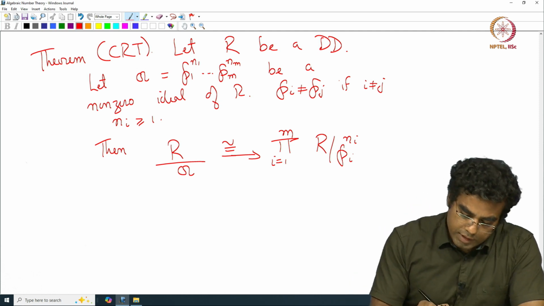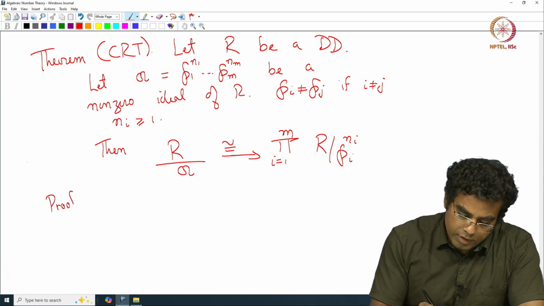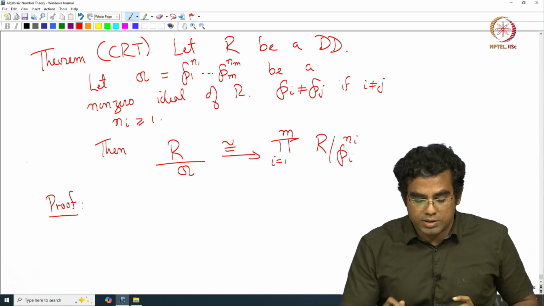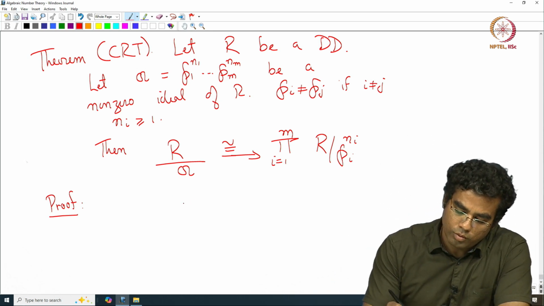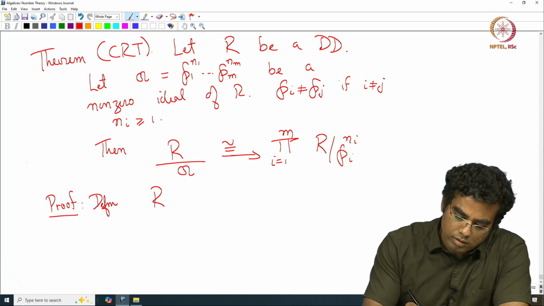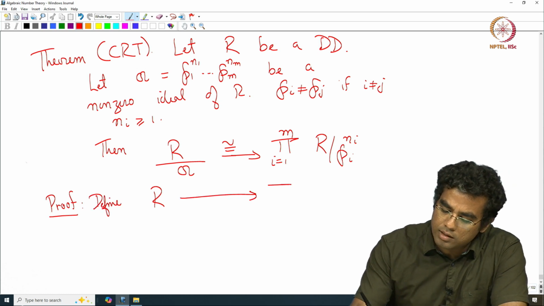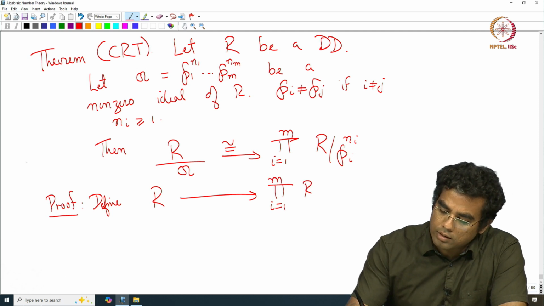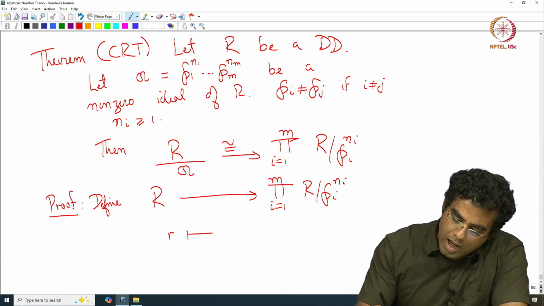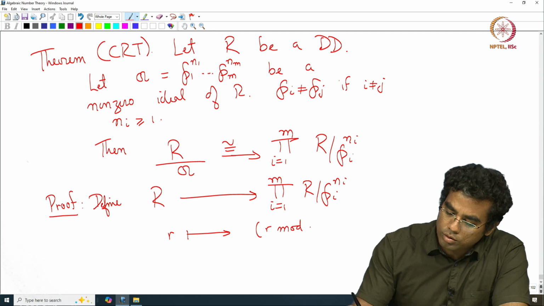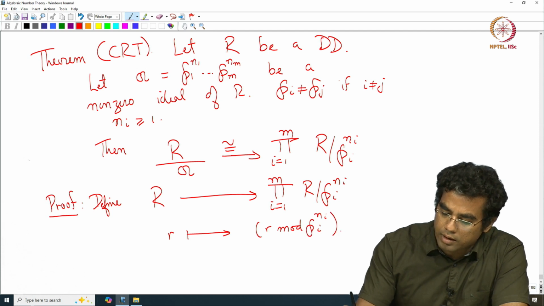So, how do we prove this? Again, we need to prove that the map is injective and that the map is surjective. Okay. So, what I do for simplicity is I define, so I will define this map again, but now instead of going mod A directly, I will write it like this. And what is the map? Well, R goes to R modulo Pi to the Ni. Okay.